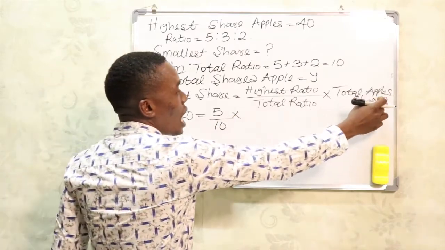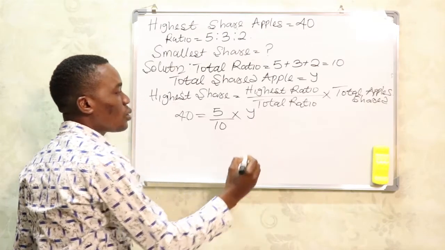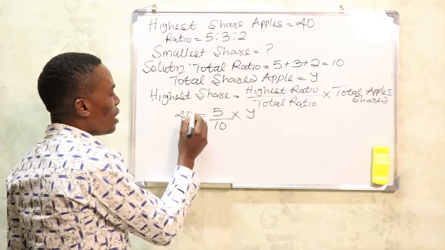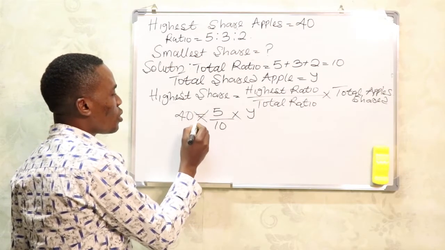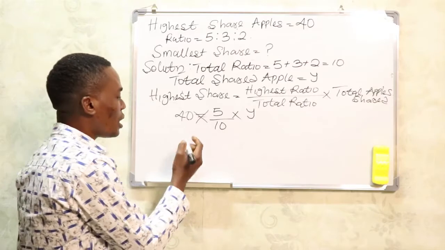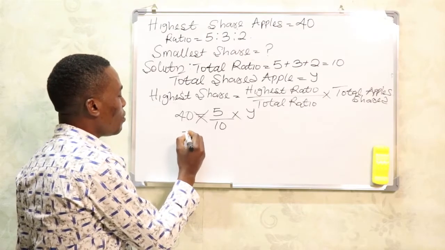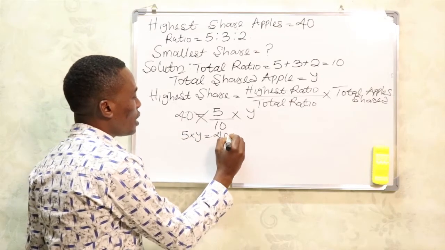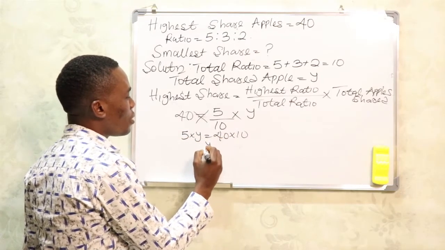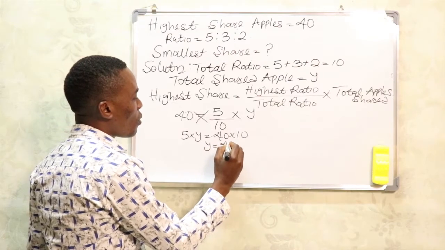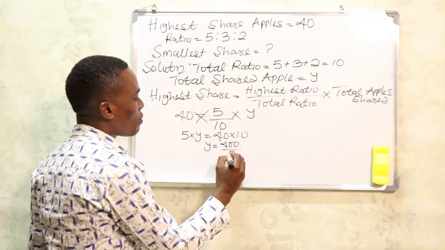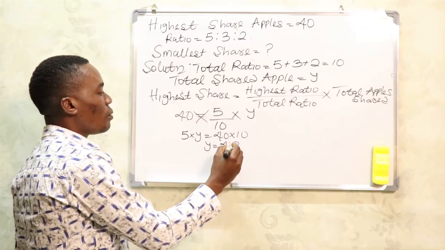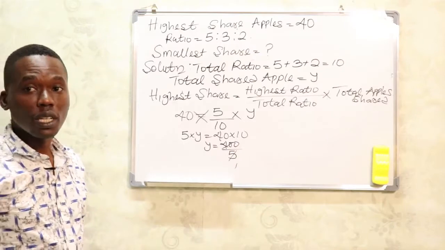Now, the total apple shared is y. That is what we don't know. Now let's look at what that value of y will give us. Remember, in a question like this, you cross multiply, because there's an equal to sign. So this will give you what? 5 times y equal to what? 40 times 10. 5 times y, that will give y equal to 400 divided by what? 5. 400 divided by 5. 5 into 40 will give you 8.